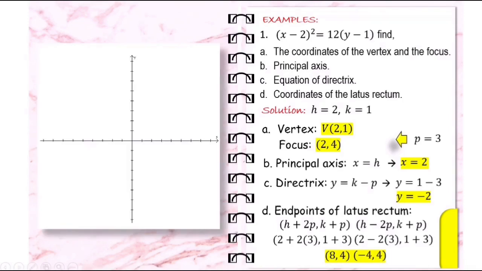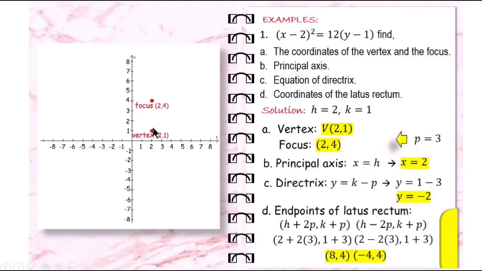To sketch the graph, first plot the vertex, which is at (2, 1). Then, the focus, (2, 4). It must be above the vertex since the parabola opens upward. So point (2, 4) is located here. We can also determine the value of p by counting its distance from the vertex.